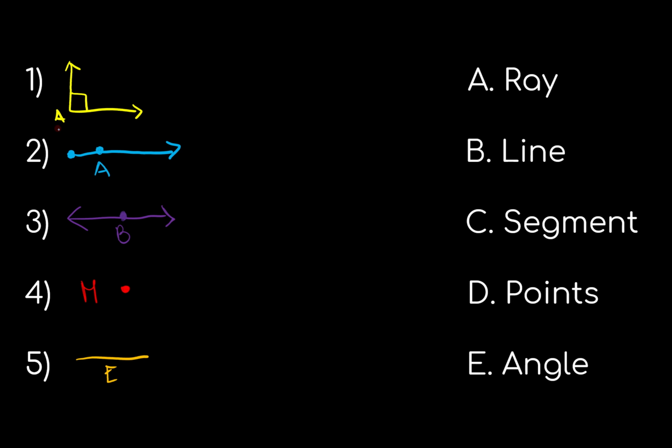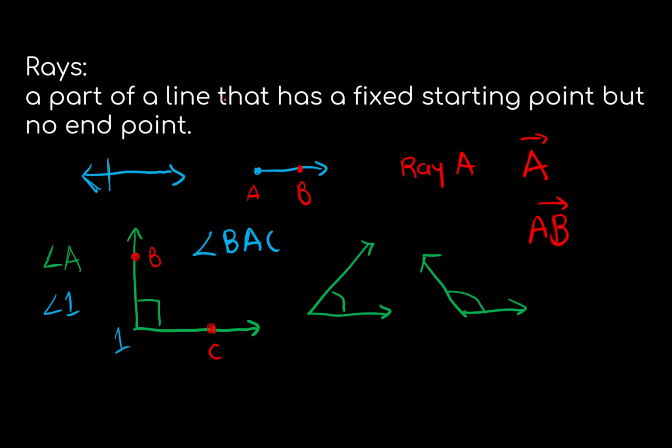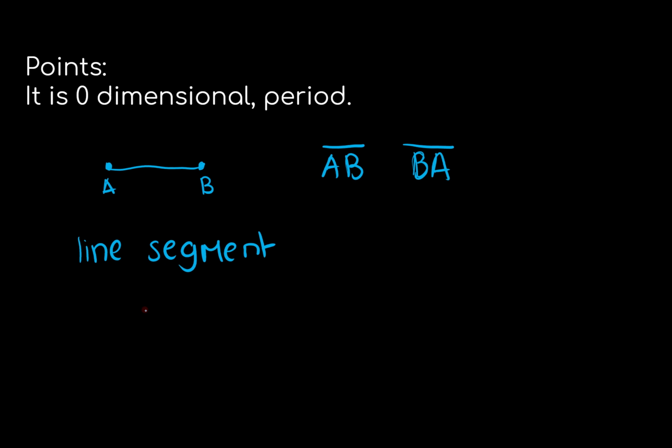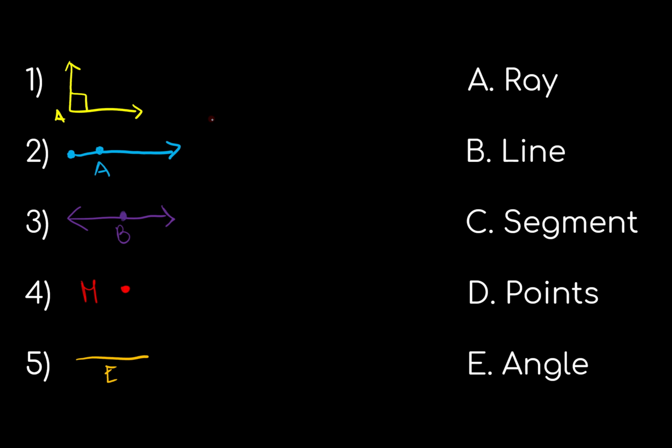Number 1. What is number 1? Again, if there are 2 rays intersecting at 1 point, then it forms an angle. So right here, an angle.